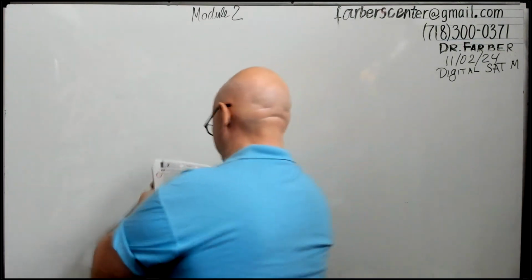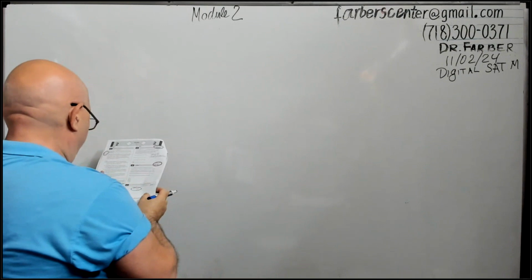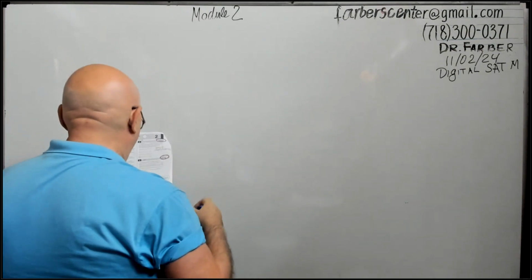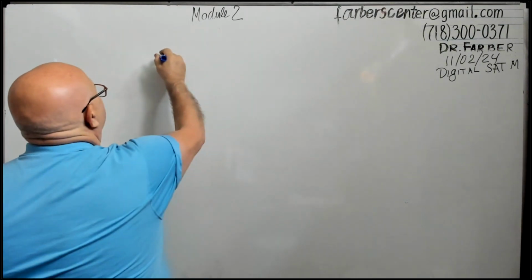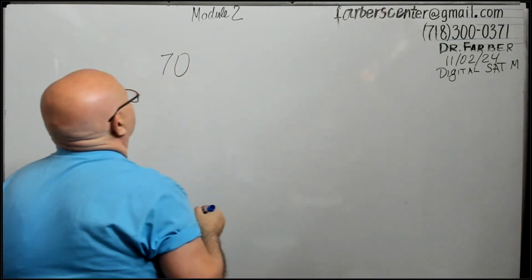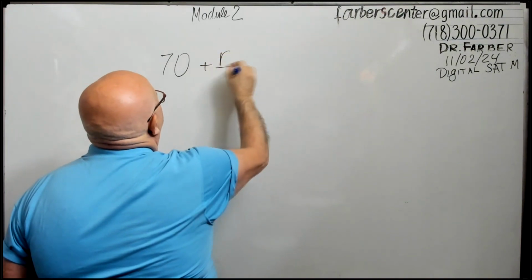In 27, they said 350 is R% greater than 70. Well, we have 70. Convert percent to numbers. How do we convert? It's R over 100, right?